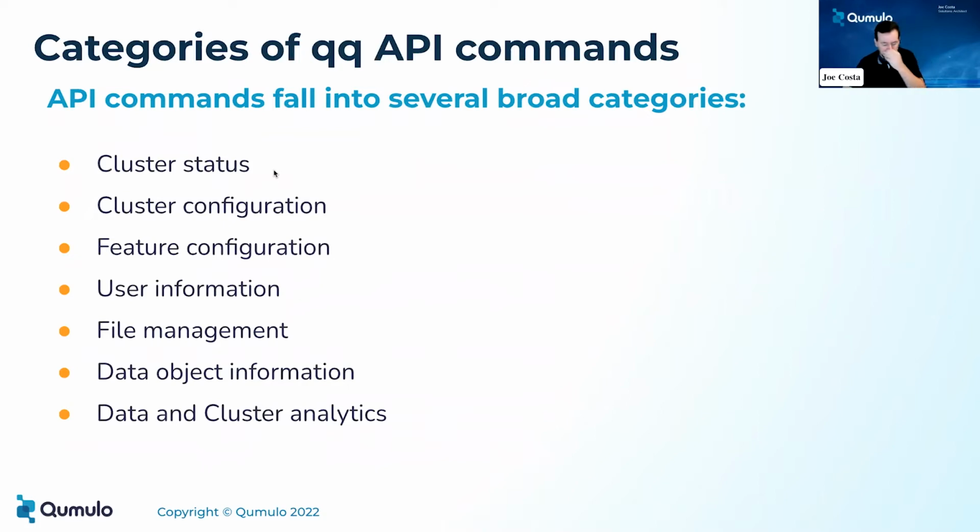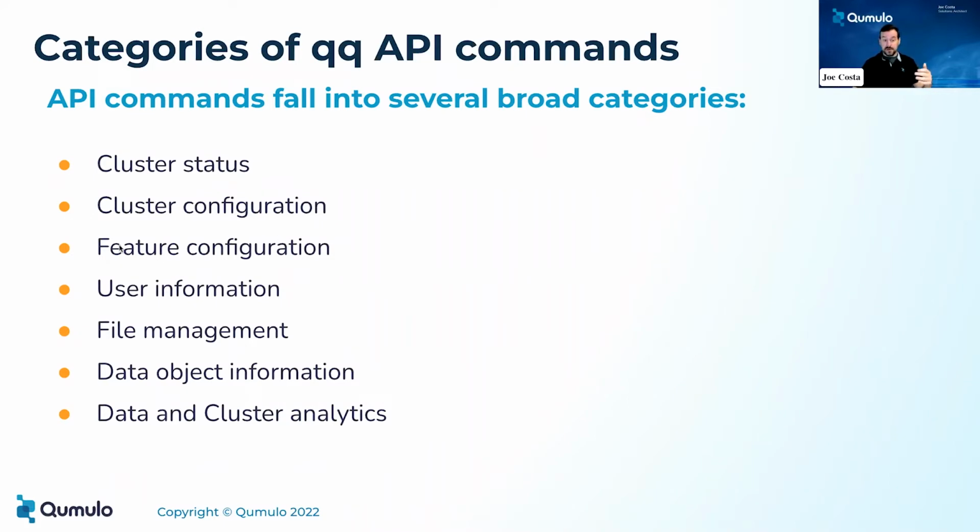So to help answer that question that came up, what can we do with these API commands? There are different broad categories of what the QQ API can do for you. You can pull the status of your cluster. You can look at and modify the configuration of the cluster.